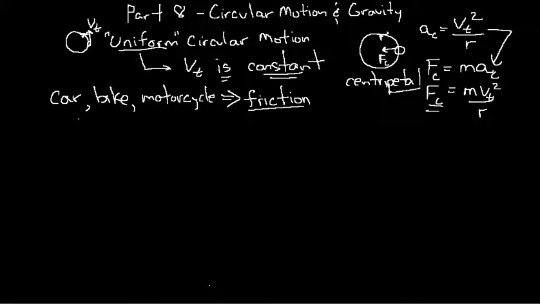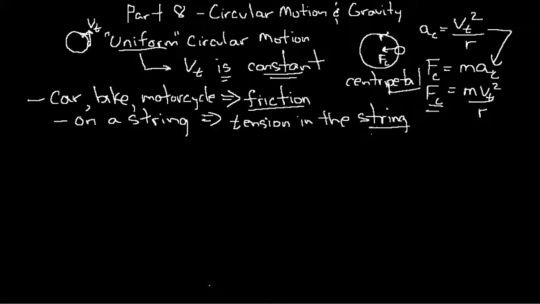If you have something on a string, suppose you're whirling a ball on a string in a circular pattern, then what's providing the centripetal force is the tension in the string.